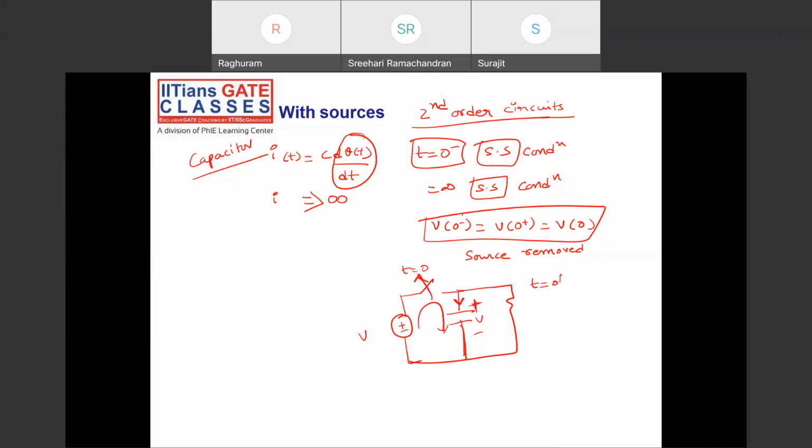V of 0 minus will be the same as V of 0 plus. But the current direction gets reversed, because the stored energy has to be dissipated in the resistor, and to keep the same polarity of voltage, the current gets reversed. Remember this: for a capacitor, the current gets reversed after the switching operation.